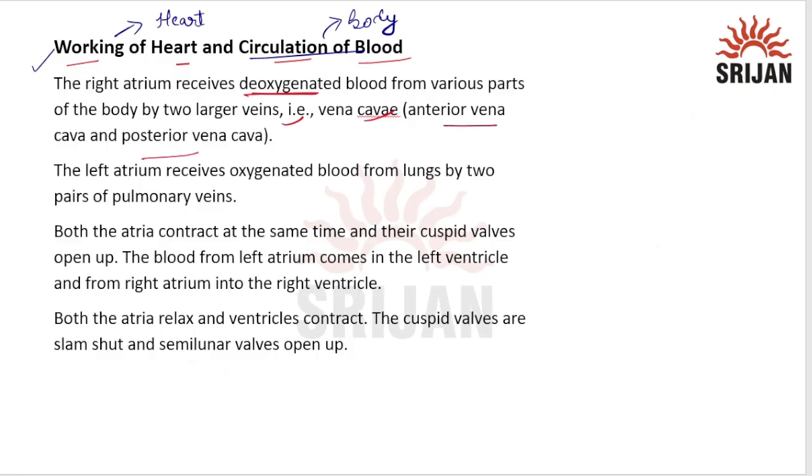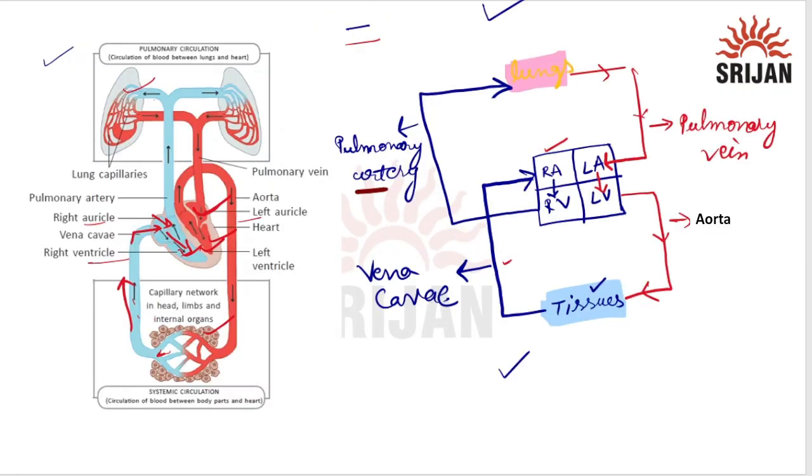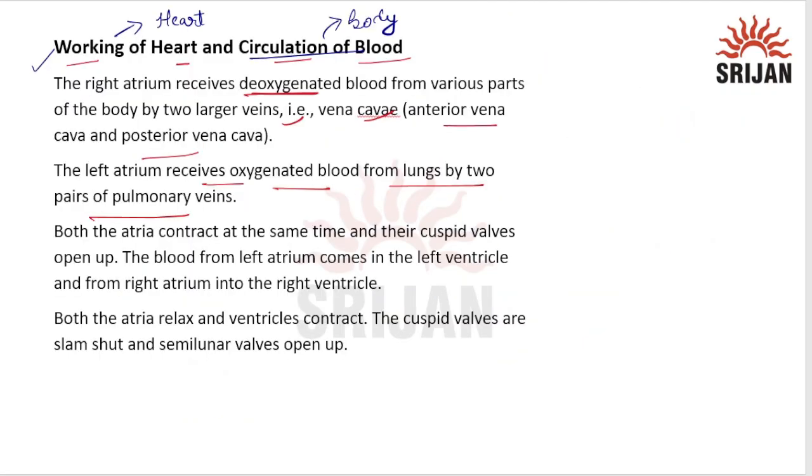Actually, anterior vena cava and posterior vena cava are other names of superior vena cava and inferior vena cava, right? The left atrium receives oxygenated blood from the lungs by two pairs of pulmonary veins. As you can see here, the blood was received by the left auricle with the help of pulmonary veins, and we have four pulmonary veins. Therefore, it is written here that two pairs of pulmonary veins.